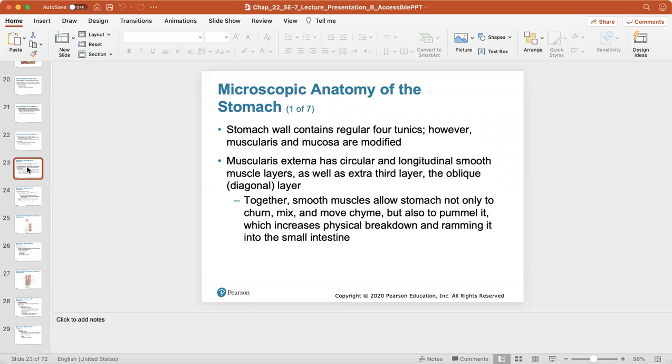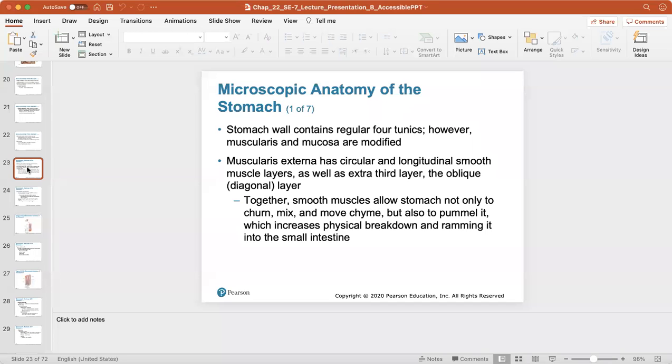So as you remember, your stomach contains four layers or tunics. However, the muscularis and mucosa layer of the stomach are modified in comparison to the other GI tract layers. The muscularis externa has circular and longitudinal smooth muscle layers, as well as an extra third layer, which we call the oblique layer.